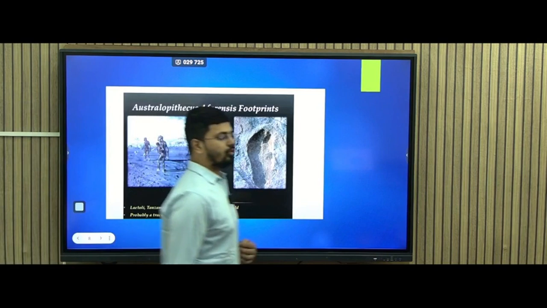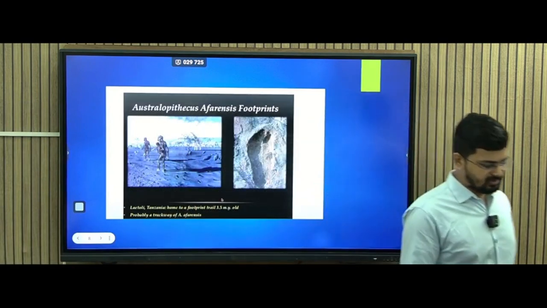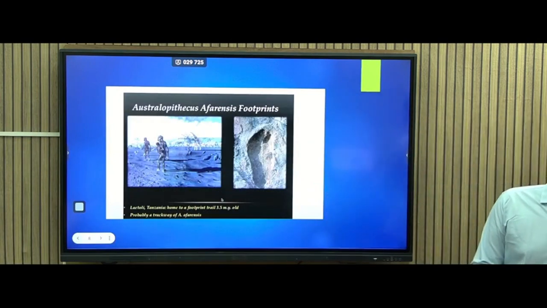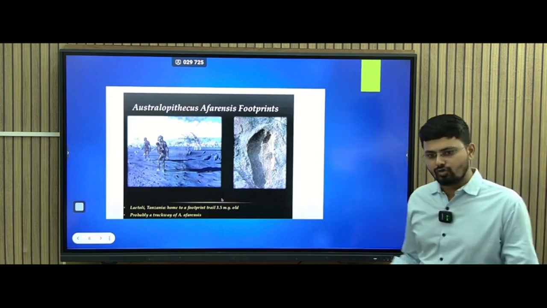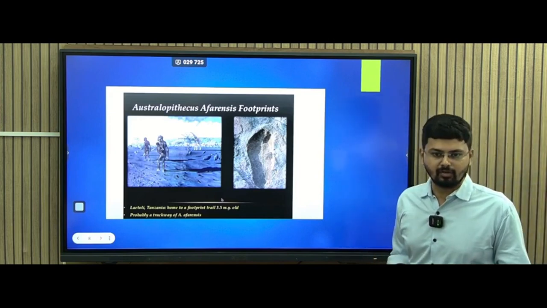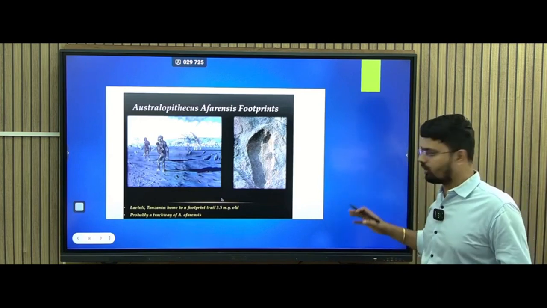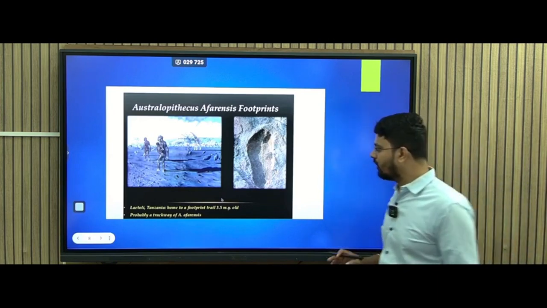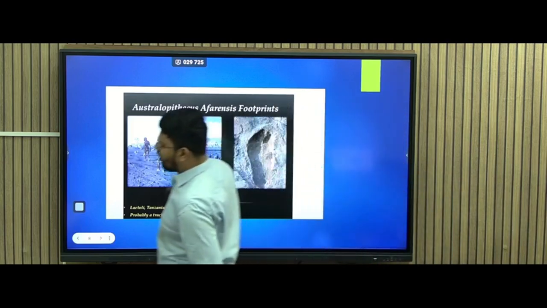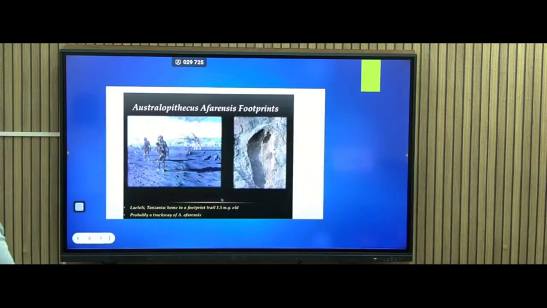So you notice one more thing, I'm trying to give you as many images as possible so that things get imprinted. I'll try to revise what all we have done at the end, but try to focus on what I'm trying to convey. So there is potassium argon dating, which we are going to study in archaeology.